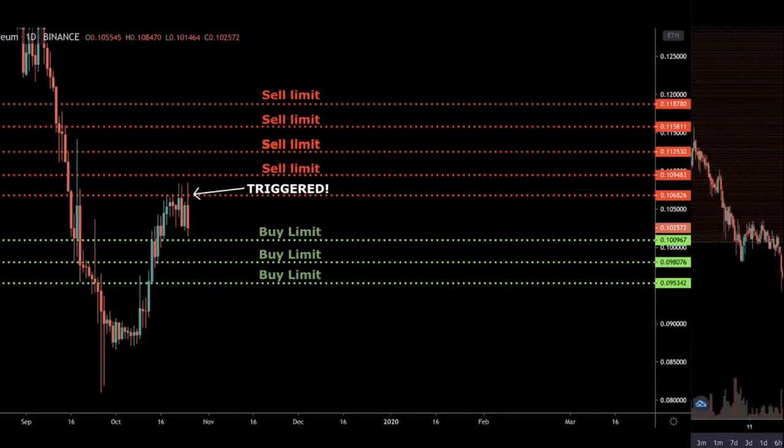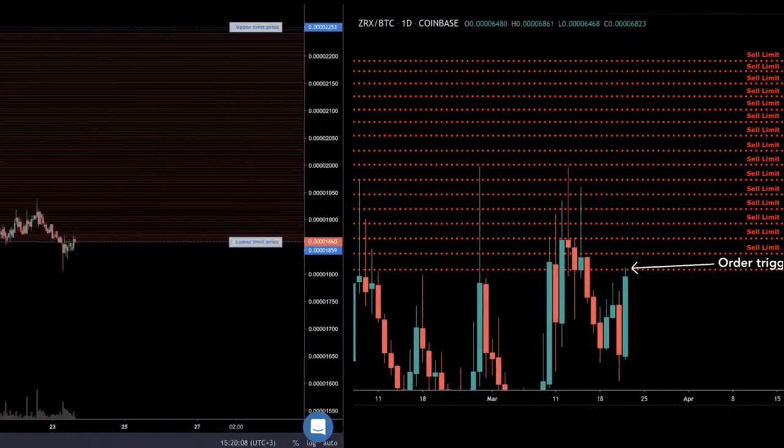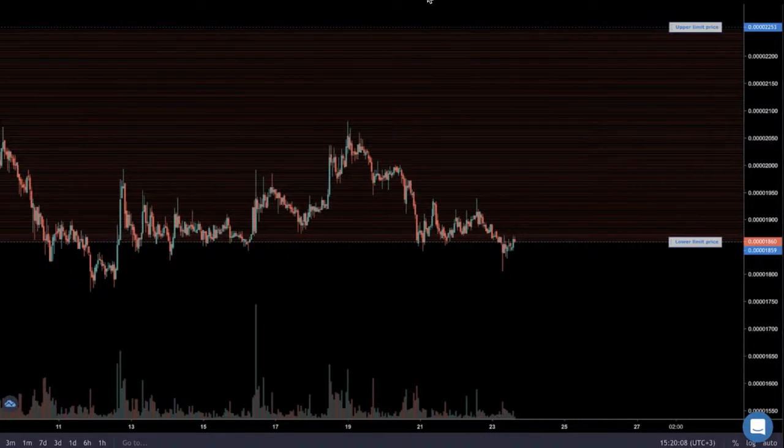You can also use only sell limit orders, and in order to have only sell limit orders, you must have enough of the base currency to execute the bot. And I will show you some examples.